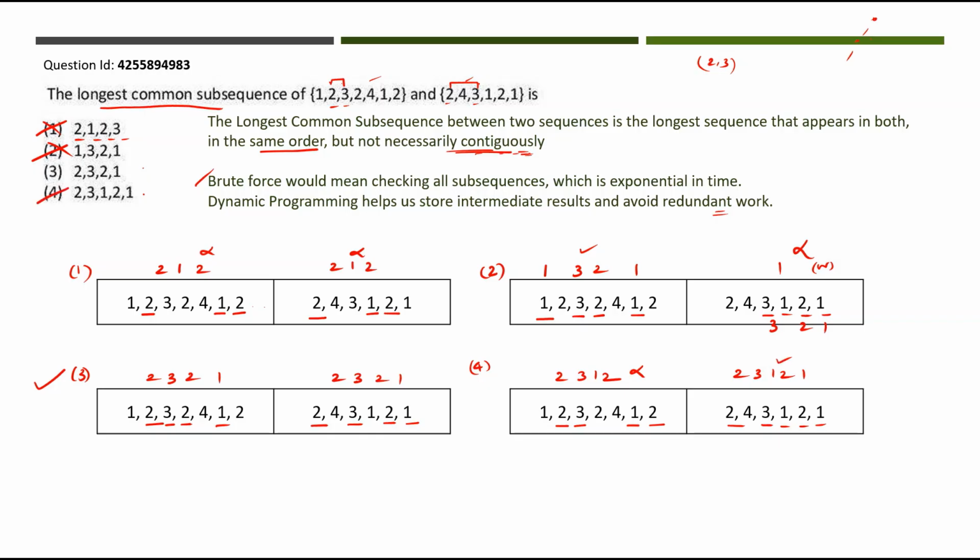So option 4 also doesn't have the subsequence. So the only option that is a subsequence of both sequences is option 3. Option number 3, 2, 3, 2, 1, will be the right answer. In case, for example, 3 is also going to have the subsequence and 4 is also going to have the subsequence, you have to pick the longest common subsequence as the right answer.